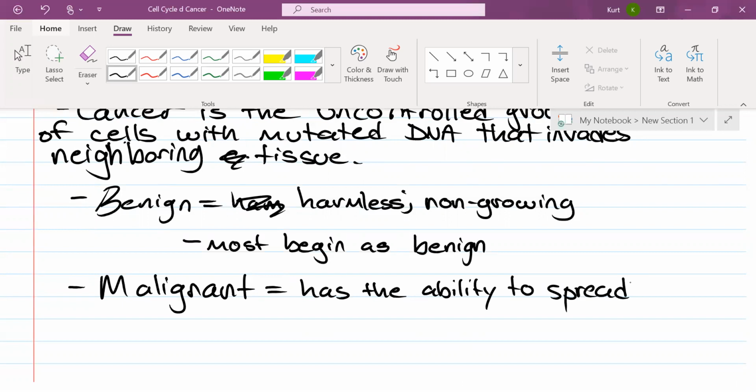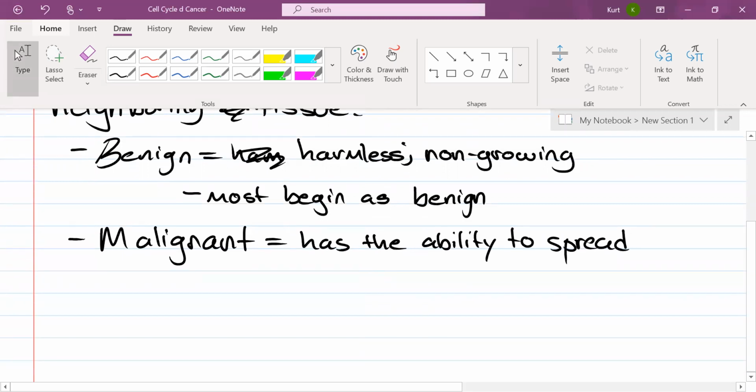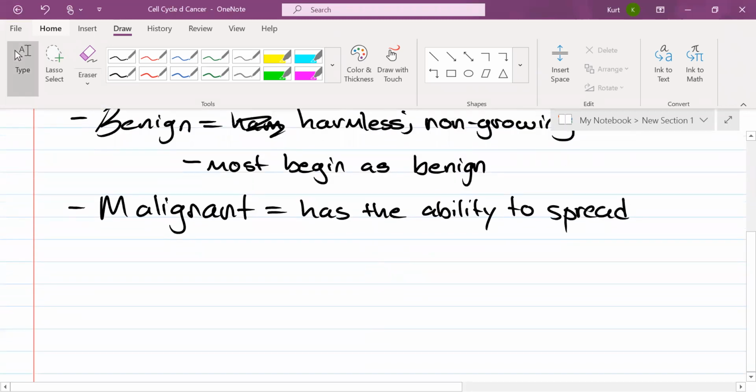That means that it is spreading to neighboring tissue. I need to stop it in its tracks before it gets into a lot of tissue where it can't be tracked down anymore. Cancers that end up being deadly to people typically are malignant. They're malignant cancers or malignant tumors.